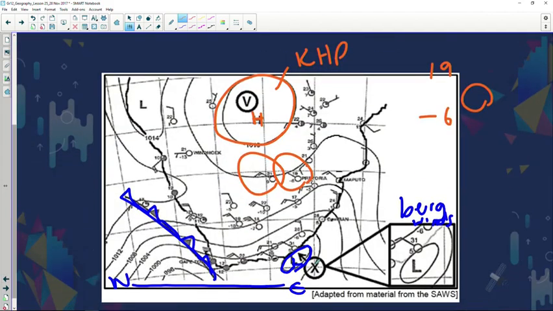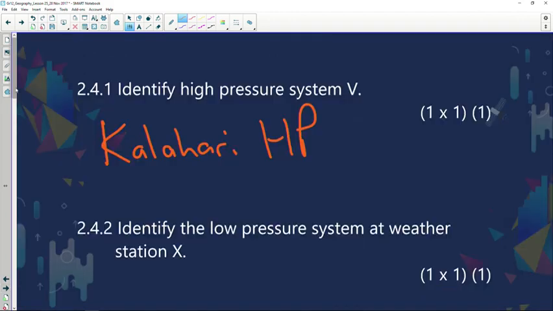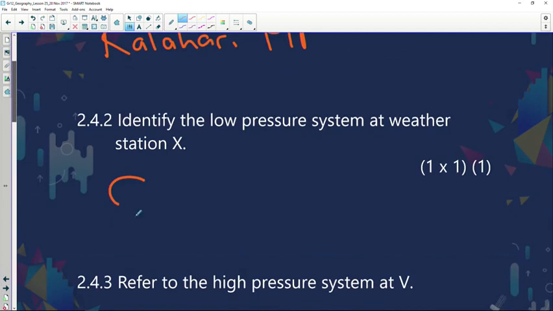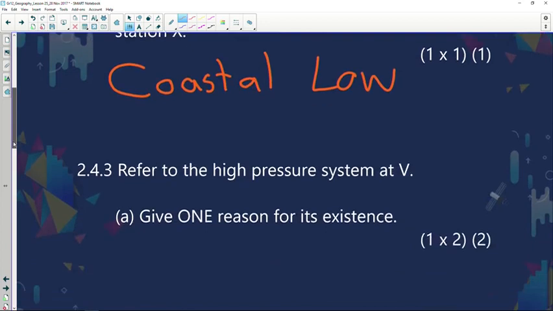X, that's a coastal low, and that basically causes the berg wind conditions. So that is a coastal low pressure. Okay, what do we know? Low pressure moves all along the coastal line of southern Africa.